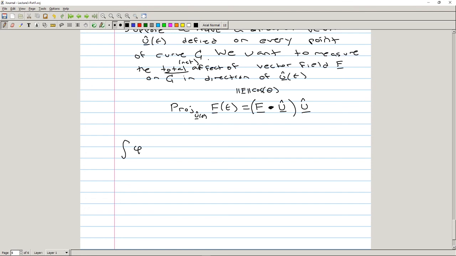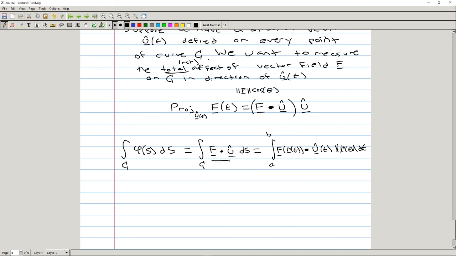phi of s ds over c is the accumulation or net buildup of phi on the curve c, and specifically if we consider the line integral over c of f dot u hat ds, or in terms of our actual bounds, the integral from a to b of the vector field f of r of t dot product with u hat of t times the magnitude of r prime of t dt.